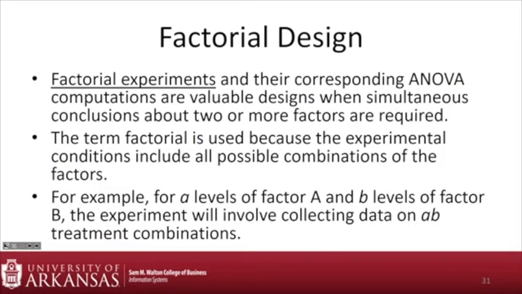Now we're going into factorial design, and now we have 2 factors, or 2 independent variables. The term factorial is used because our experimental conditions include all possible combinations of the factors. So we're going to look at factor A, we're going to look at factor B, and we're also interested in the interaction between factor A and factor B.